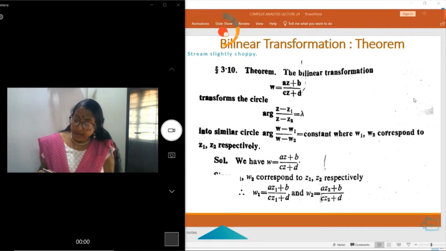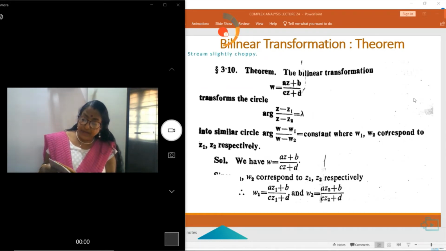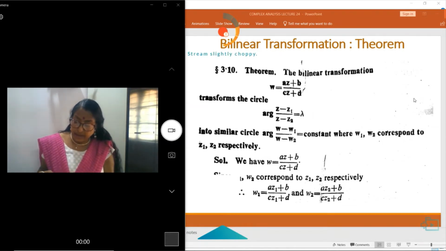We know the bilinear transformation w = (az + b)/(cz + d). In this case, we can find w1 by putting z = z1, and we get w2 by putting z = z2.